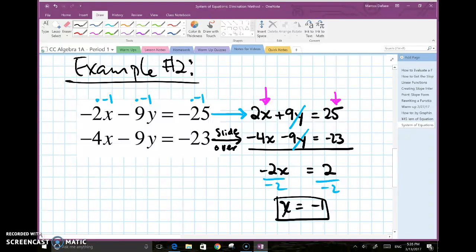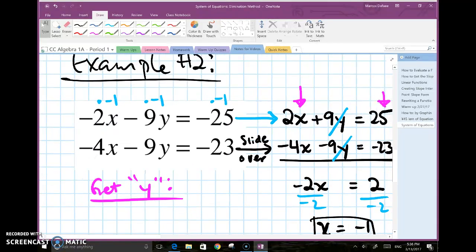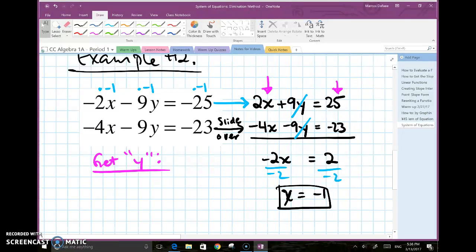To get the other half, which is my y, I need to take my previous answer, which is the -1, and decide which equation I want to substitute that -1 into. And again, it doesn't matter which one, because regardless of the equation, they each represent a line which meets at a single point. And that location is what we're trying to define here with our answer.